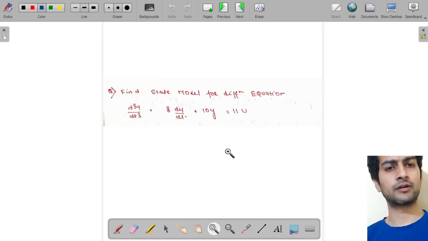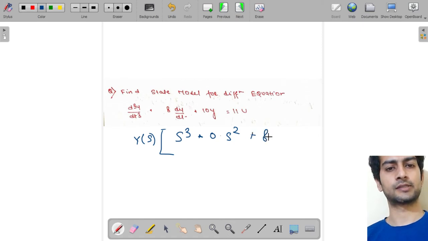I have taken 3 different forms of differential equation, and after solving these 3 different forms, you can solve any question on differential equation. There will be no problem. So again here, converting into transfer function, s cube plus 0 s square. See, here you can see that one term is missing. So it is 0 s square plus 8s plus 10 is equal to 11 u(s).